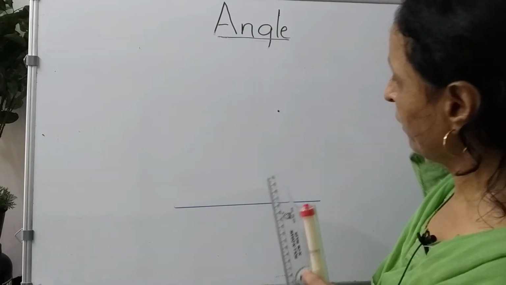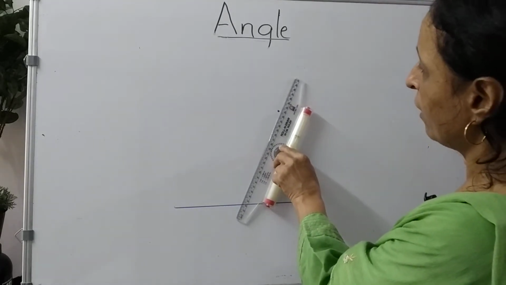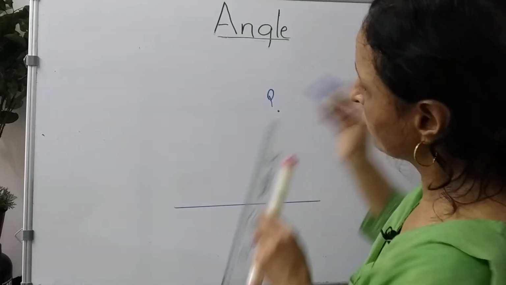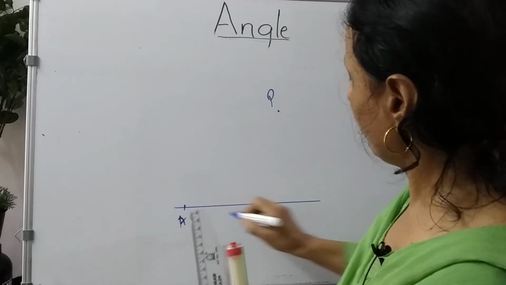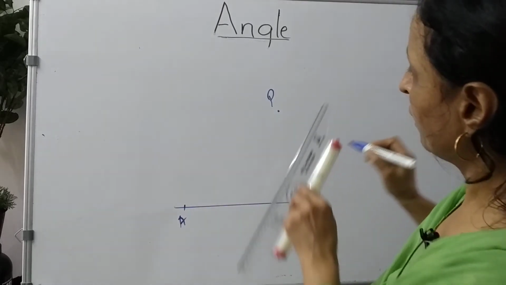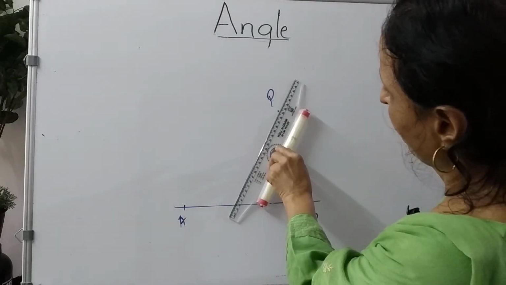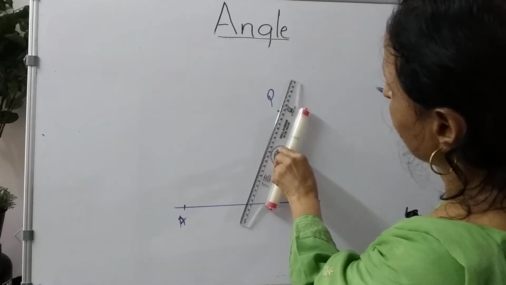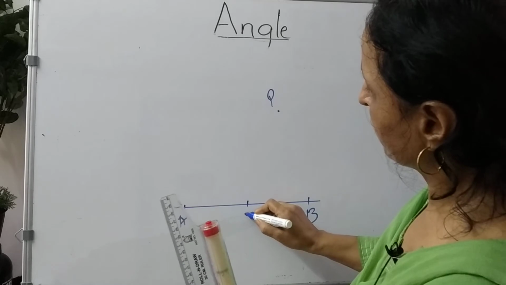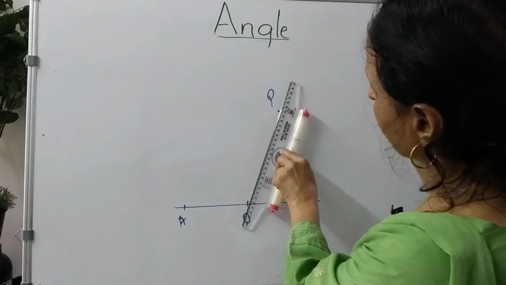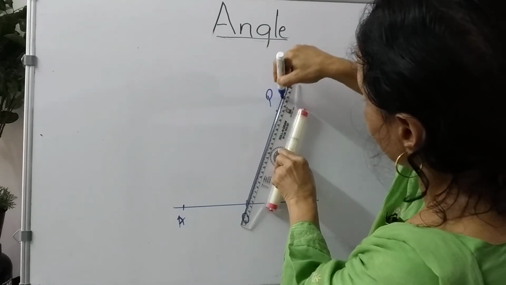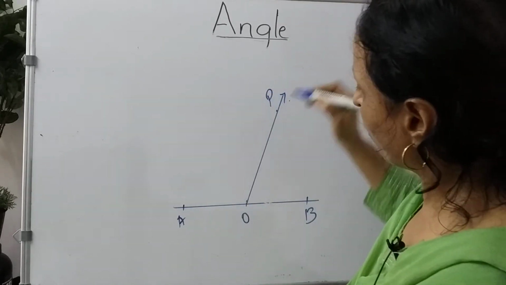Say you take a point here and I draw a ray through this point, say P. This is line AB. I draw a ray through this point, through a vertex. Let us take this vertex as O. Let me draw this line from O. So I have drawn this line PO.